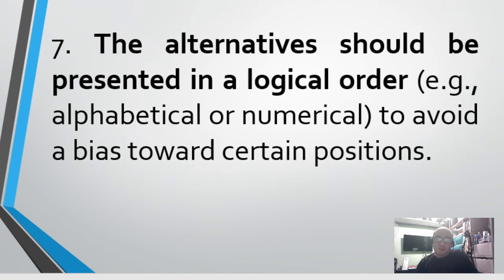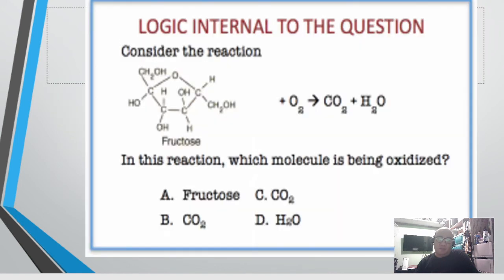The alternatives should be presented in logical order. So as much as possible, we arrange them alphabetically or numerically to avoid bias towards certain positions, which again may give a clue to test takers. An example of logical order is this. In this reaction, which molecule is being oxidized? As you can observe, the alternatives there are not arranged in order.